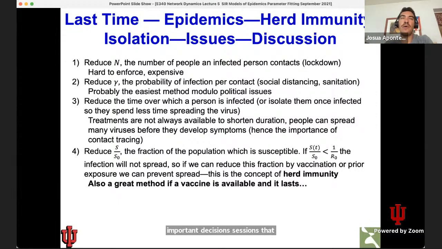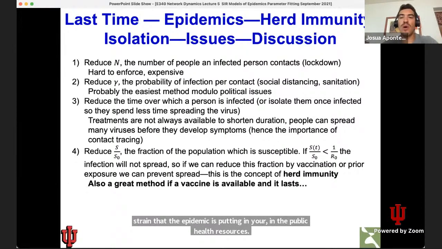Based on the decisions that we implement, we could either reach herd immunity more rapidly, or we could flatten the curve, which have slightly different implications, but they will both, for example, decrease the strain that the epidemic is putting on the public health resources.